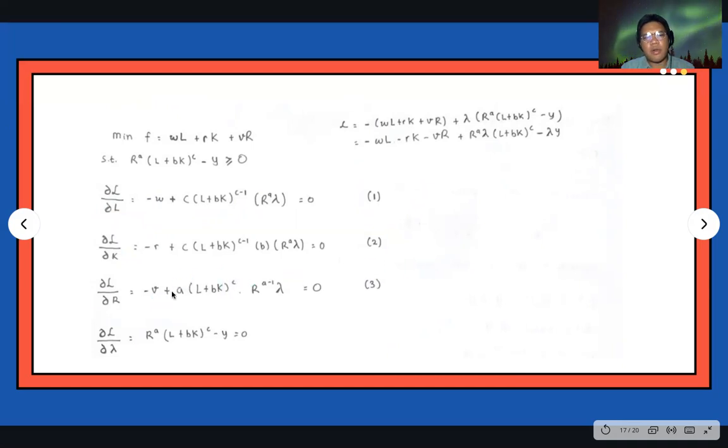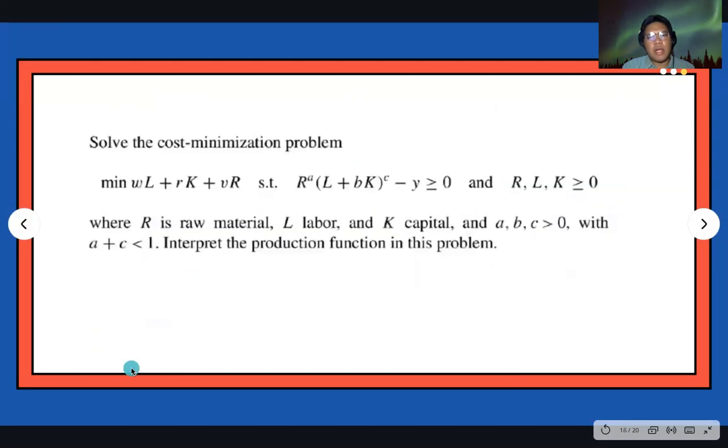You derive it with respect to the certain variable. And don't forget to classify these as the first function, second function, and third function. The last one is the derivation of L with respect to lambda, which we know as the inequality constraint function.